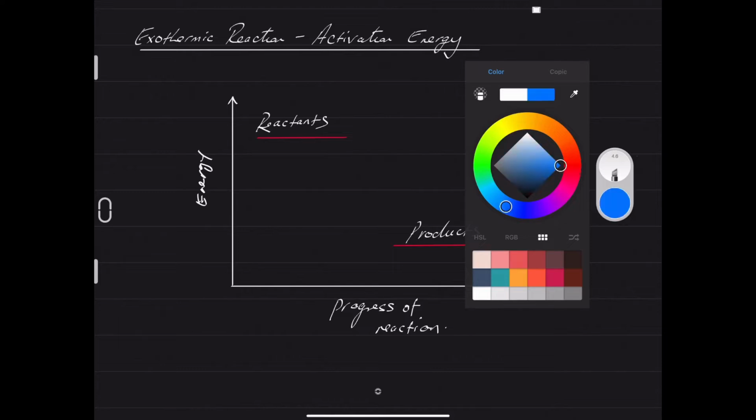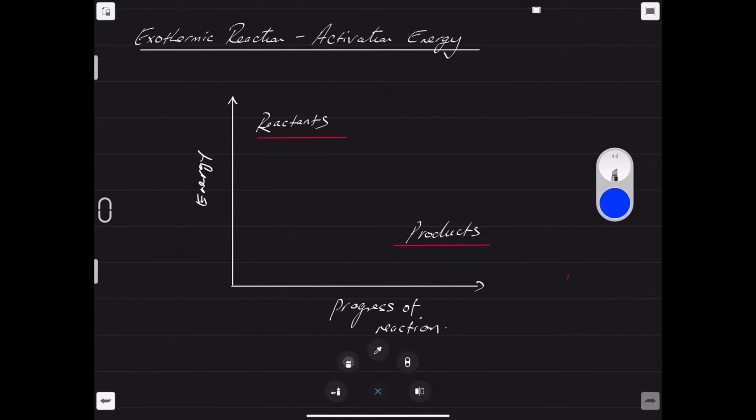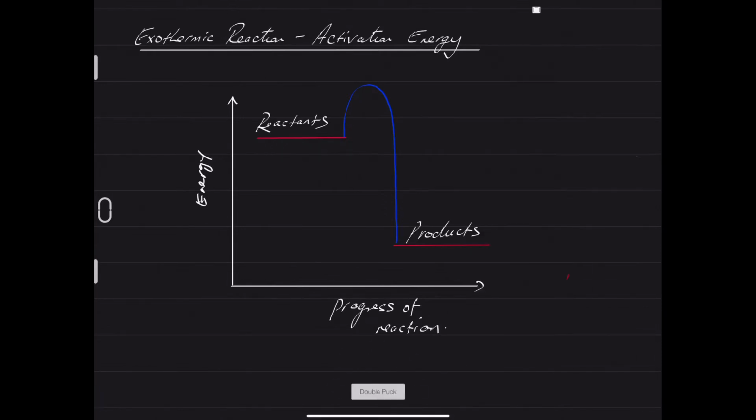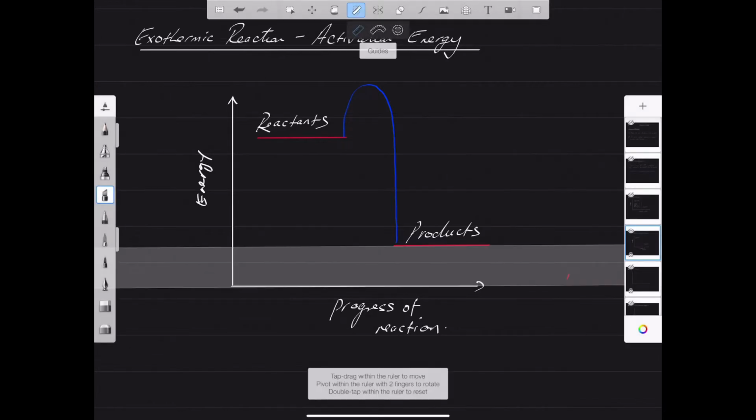Because this is a reaction taking place and it's exothermic, I'm going to exaggerate the curve like this. Now, the activation energy level for an exothermic reaction we say can be found at this region.